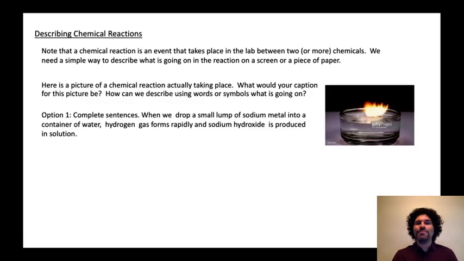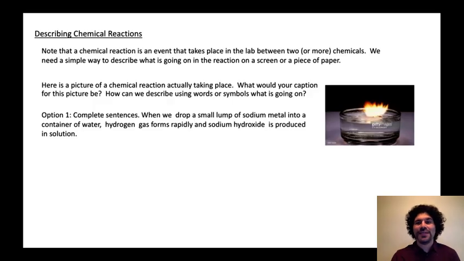One option would be to use complete sentences. The complete sentence for what is in this picture would be: when we drop a small lump of sodium metal, the same sodium metal except we've got a different second reactant, into a container of water, hydrogen gas forms rapidly and sodium hydroxide is produced in solution.